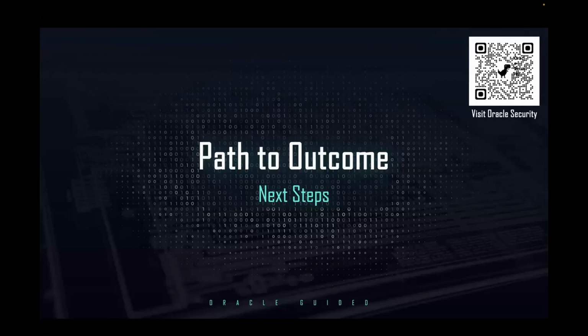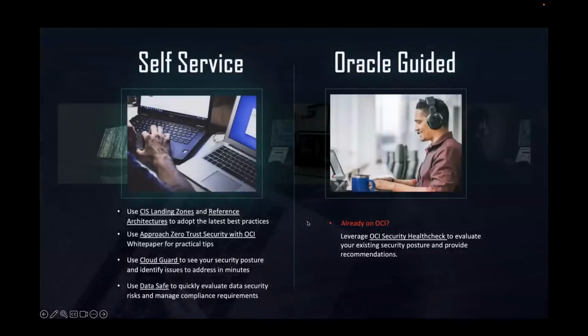So Olaf showed us many steps that we can take to secure OCI and secure our workloads on OCI. So let's talk more about what next steps we can take. What can you do later this afternoon, tomorrow, or next Monday?